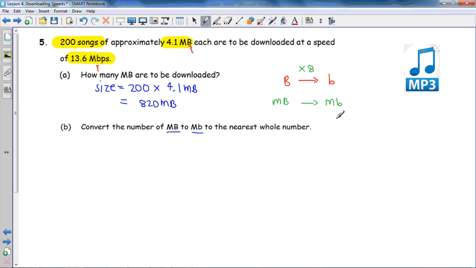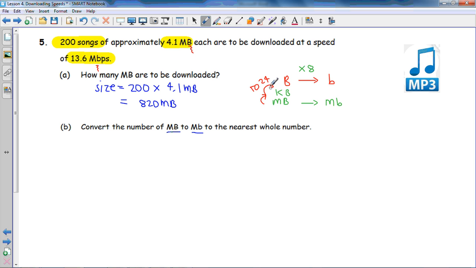You can't do that. The reason being is because when we convert between megabytes, kilobytes, and then bytes, each time you are multiplying by 1,024.